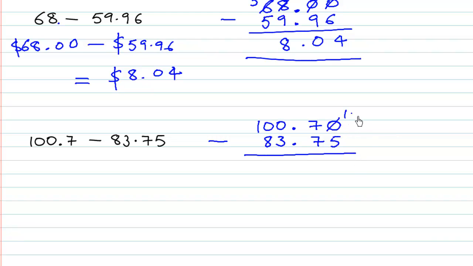So this shall become 10, borrowing it from 7. 10 minus 5 is 5. 6 minus 7 again not possible. So these two numbers will become 9 and 9. This shall become 0. This shall become 16. 16 minus 7 is 9. Decimal point as it is. 9 minus 3 is 6. 9 minus 8 is 1. So the answer to this is 16.95.